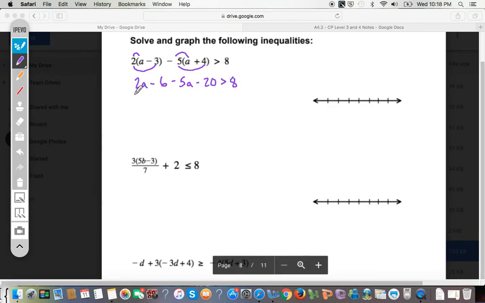So I'm going to combine my like terms here. So I have 2a minus 5a. 2 minus 5 is negative 3a. Negative 6 minus 20 is negative 26. And we know that's greater than 8. So I'll add 26 on both sides.